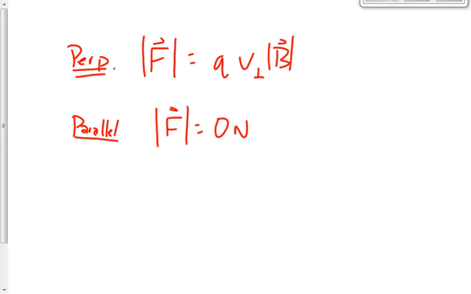If you get a charge that's moving parallel to the field, just be grateful. It's an easy question. There is no force. There's no magnitude. There's no direction. Just write down 0 and move on to the next question. If they're perpendicular, get the force by that equation. Get the direction by the hand rule for deflection, and then you're done.